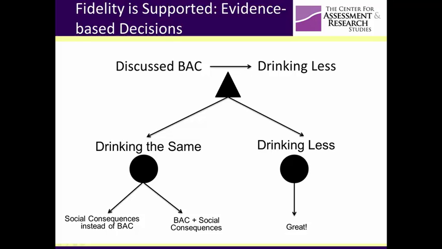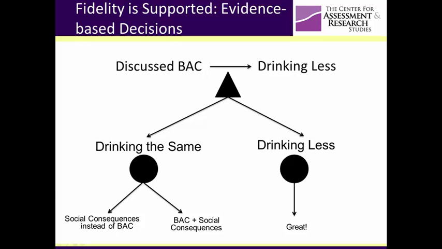This is the circle on your left-hand side. Students are still drinking the same. So if I want to stick to the left-hand side, perhaps we could replace the BAC conversation with something else. Maybe we could talk about social consequences instead of BAC.